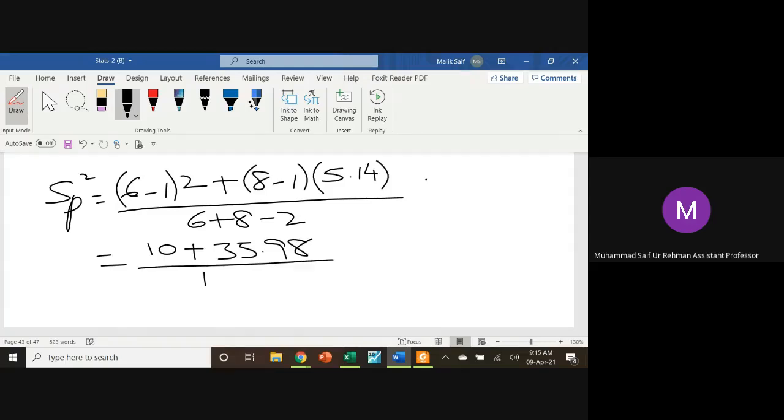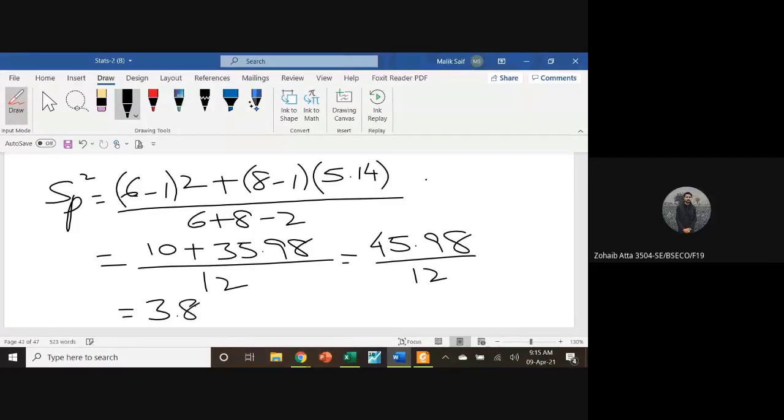And now divided with 12. So plus 10, it is 45.98 divided by 12. The answer is 3.8316. So you may write it down up to four decimal places.